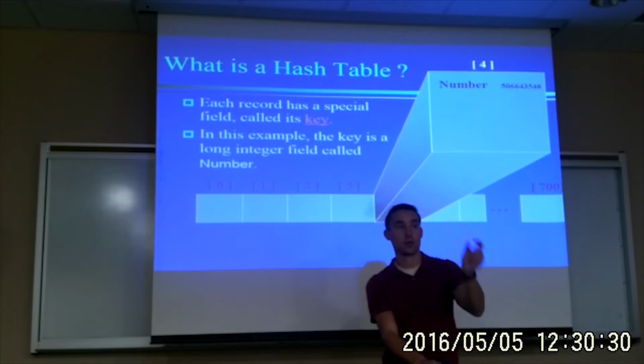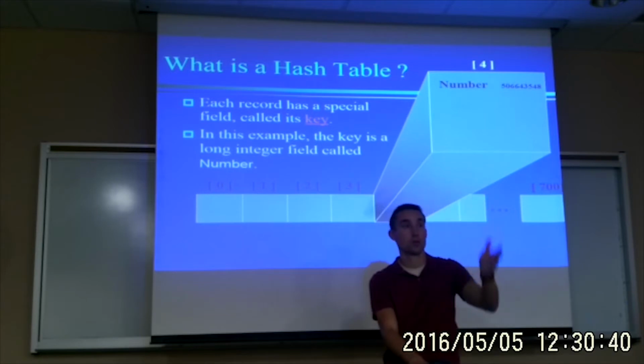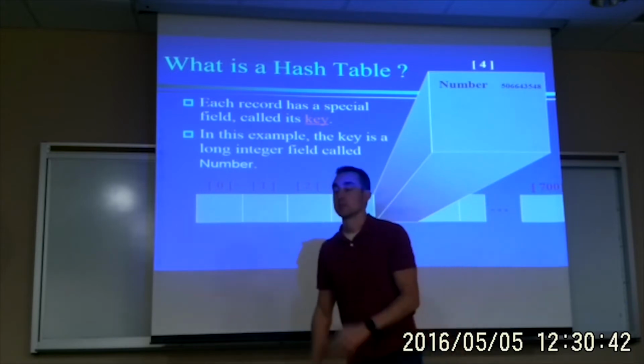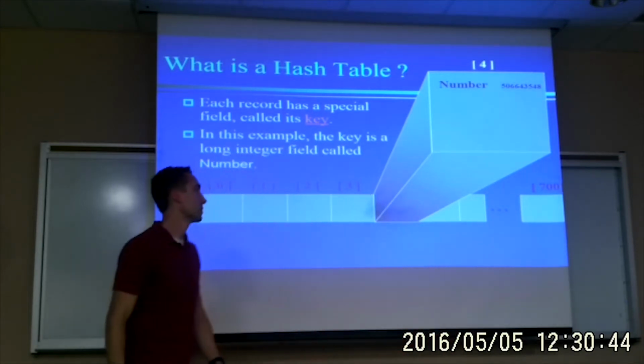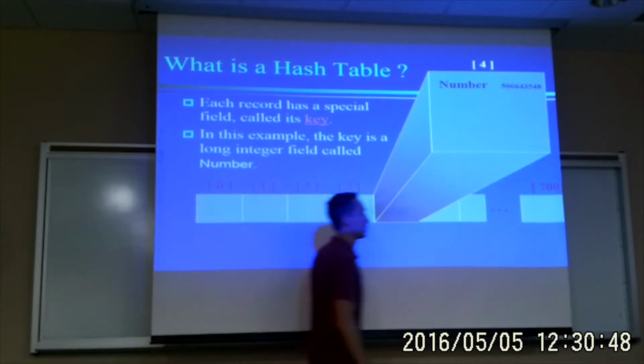Multiply by the row, add the column. That would give you a unique value that no other would have. It's like if you numbered it 1, 2, 3, 4, 5, 6. You get that by multiplying the row and adding the column.